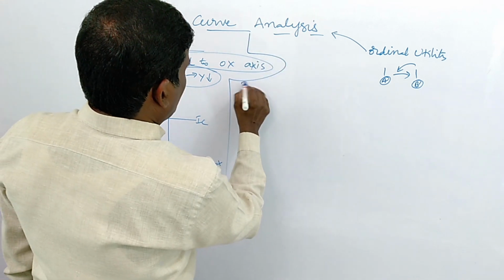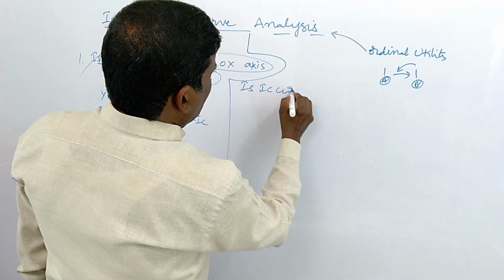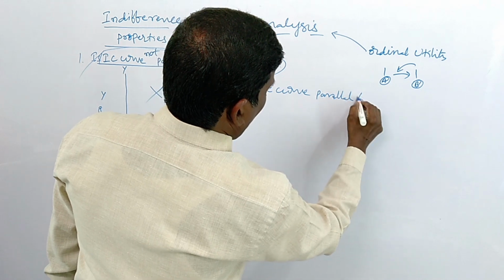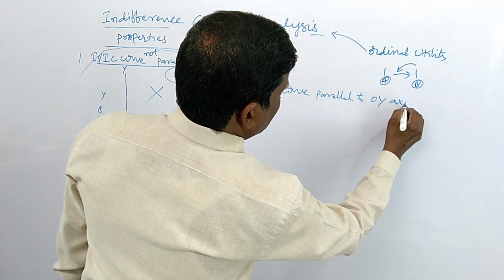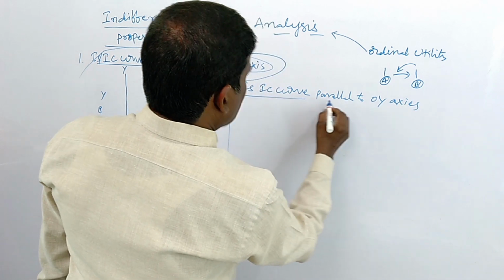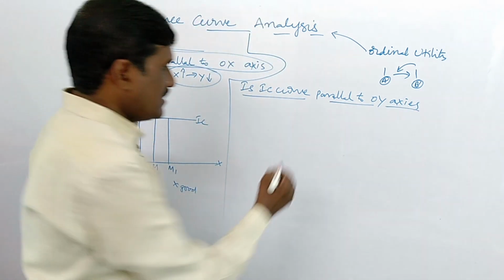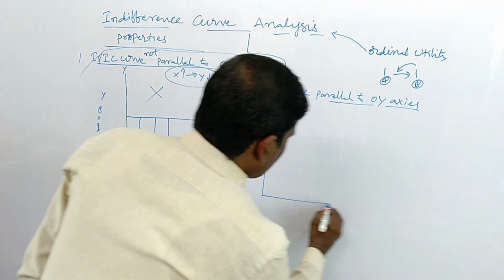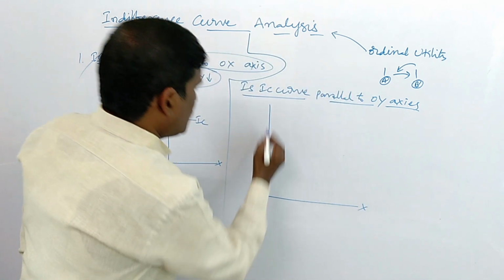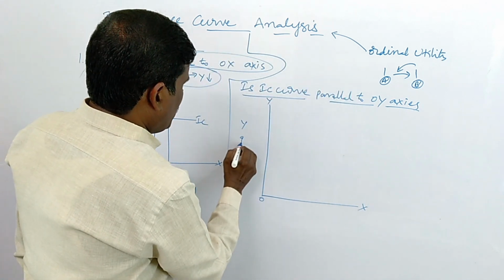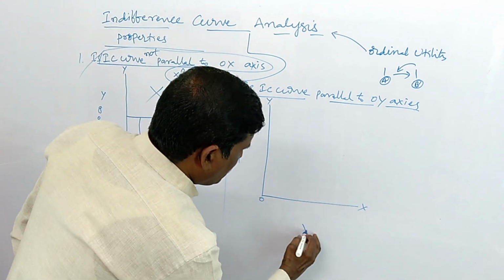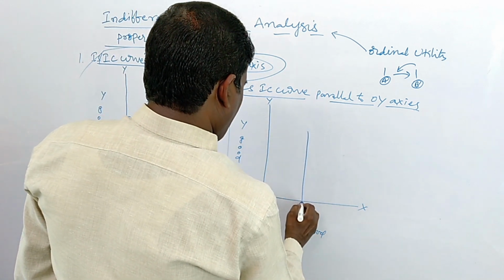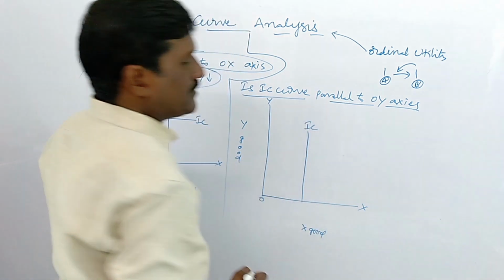See here. Is the IC curve parallel to the OY axis? Is the IC curve parallel to the OY axis or vertical? See here, this is the Y good, this is the X good, and this is an IC curve.